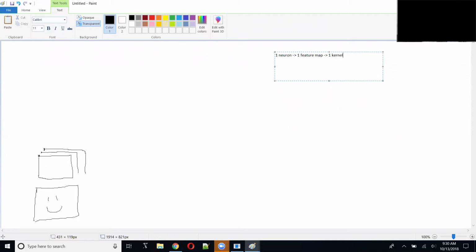It's created by one kernel, and a kernel is the same thing as a set of convolution weights, let's say in our 3x3. Okay, so that's what a neuron is. A neuron generates a feature map. It's a convolution kernel.